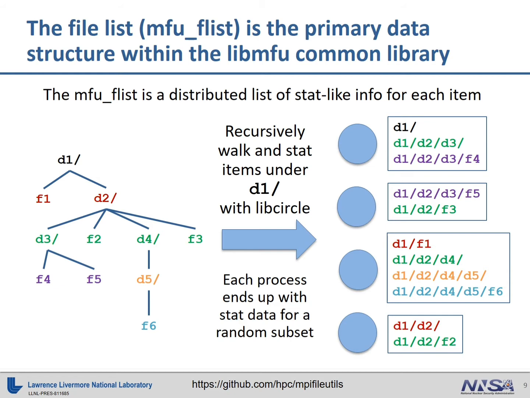One of the ways you can generate this is, given a path, you can walk that path recursively with libcircle, where every process stats the files that it's responsible for. In that case, you end up with each process owning a random set of items under this directory tree.